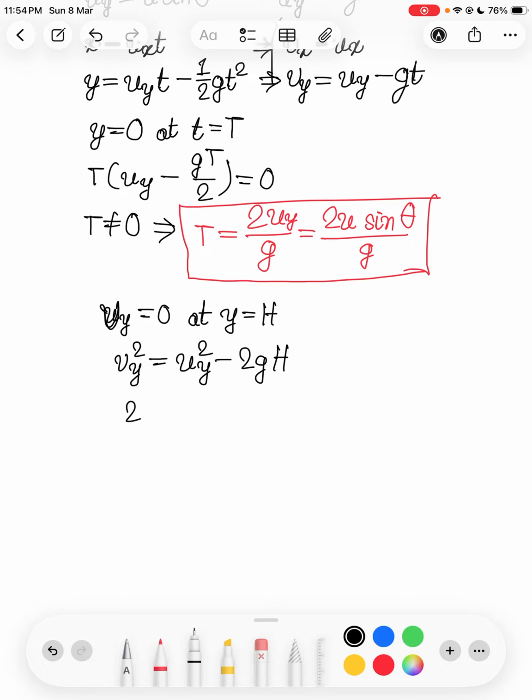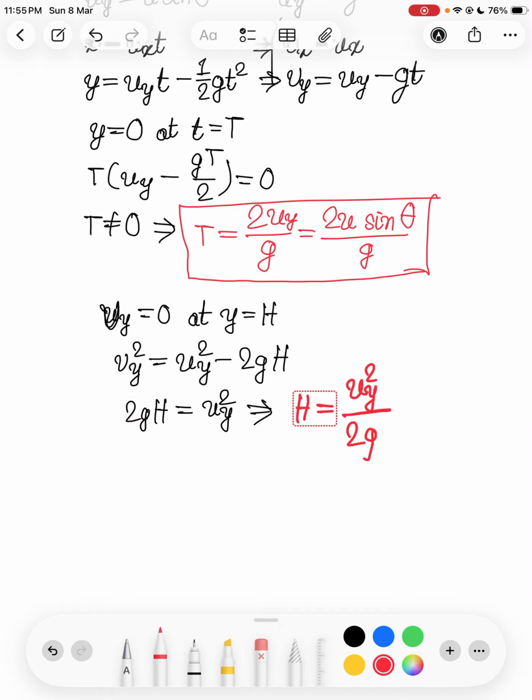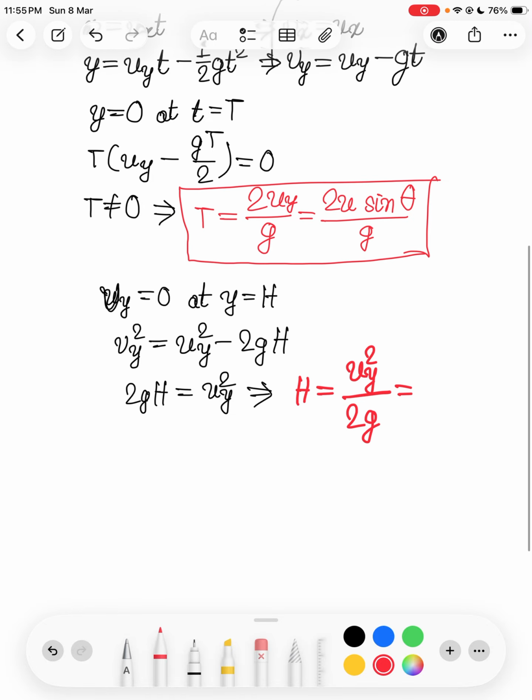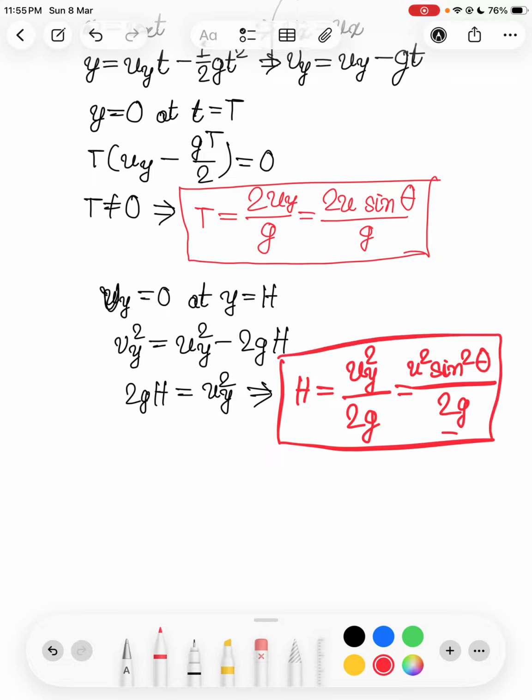Therefore 2gH is equal to uy square, which gives H is equal to uy square divided by 2g, and you can again write it as u square sine square theta divided by 2g. So this completes another part.